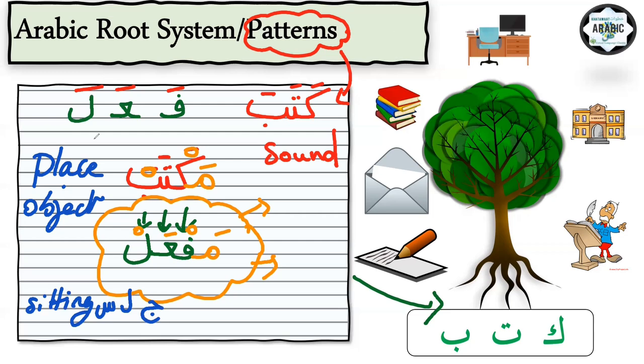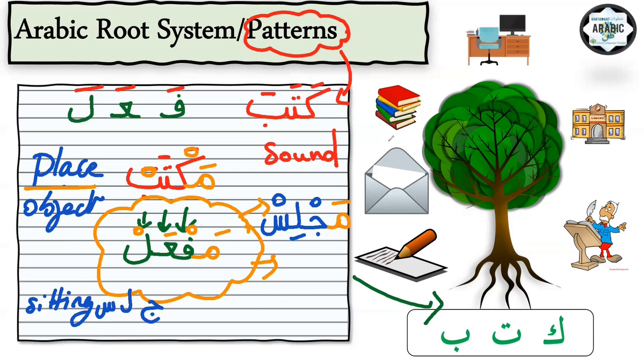So what I do here is I am referring to a place. I have additional sounds here. I do ma, just like maktab, and I put the meaning of sitting. And then majlis. Majlis and maktab are both places and objects, like an area.